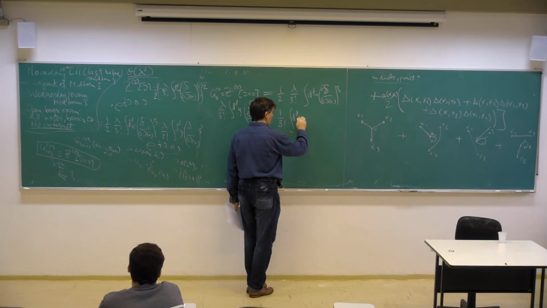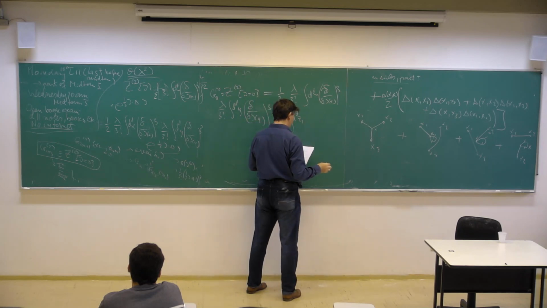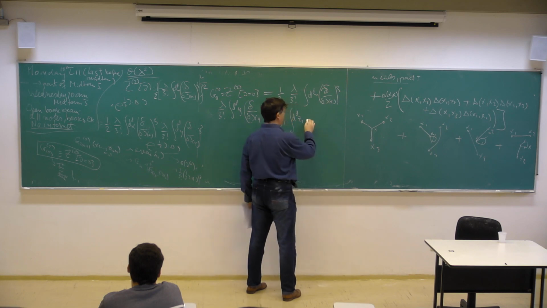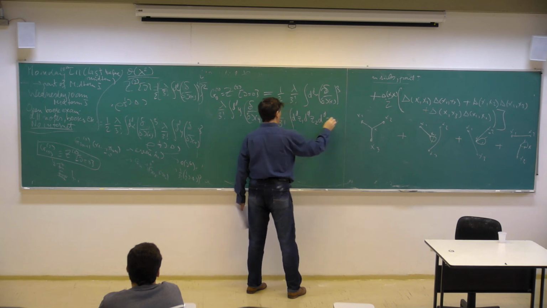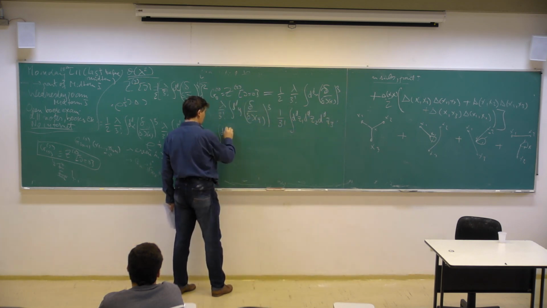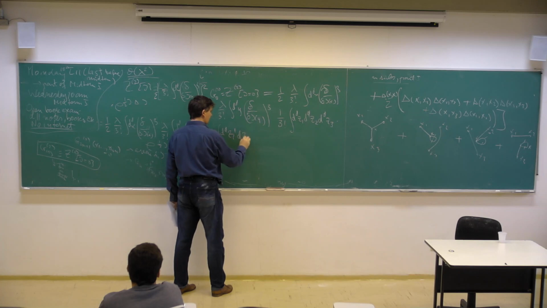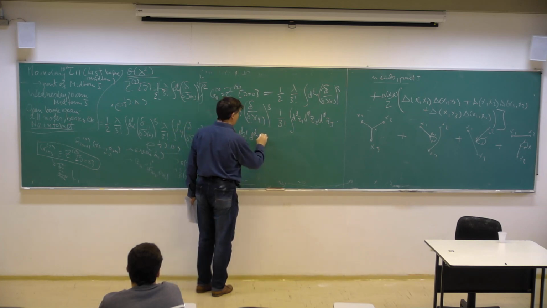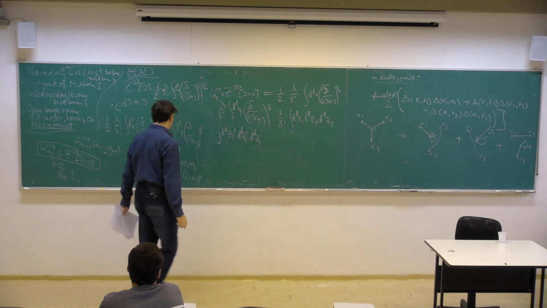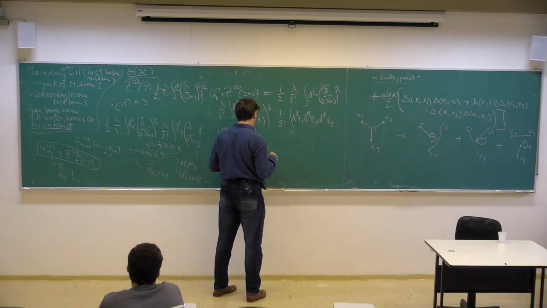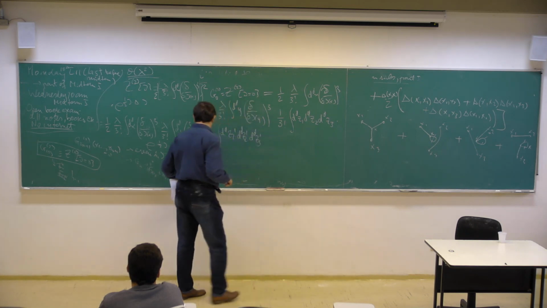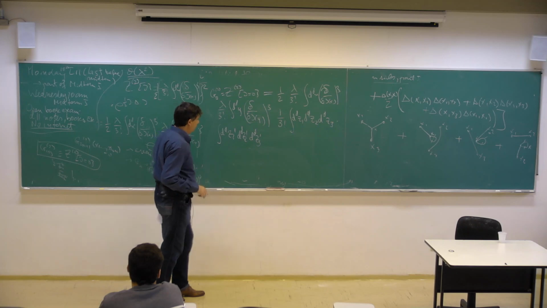So let me call these z1, z2, z3, and z1 prime, z2 prime, z3 prime. So these are the integration variables, and then for each one I have one half, so then 1 over 2 to the 3.